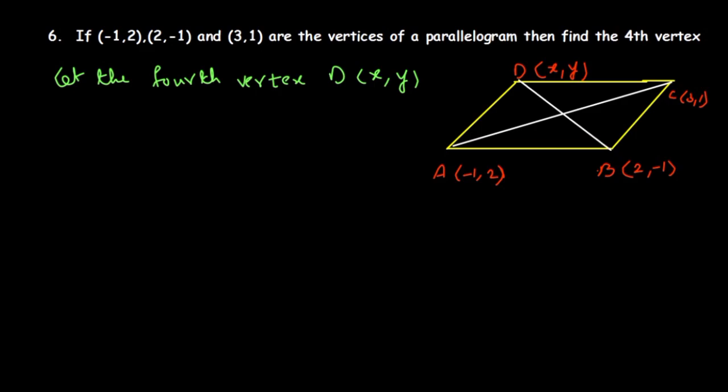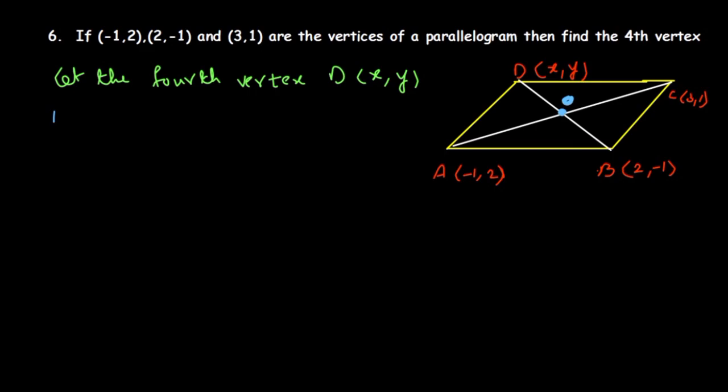Then here we have this, the intersecting point of the diagonals. Diagonals bisect each other means these two diagonals meet at one point. That means here the AC midpoint we take as O, and similarly the BD midpoint we can take as O, and these two midpoints are equal.